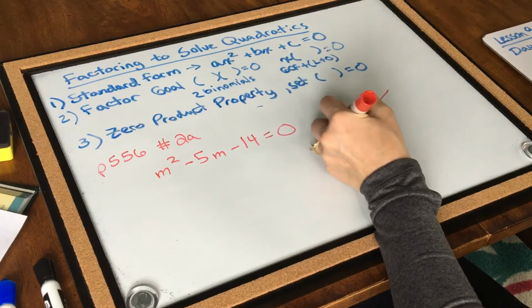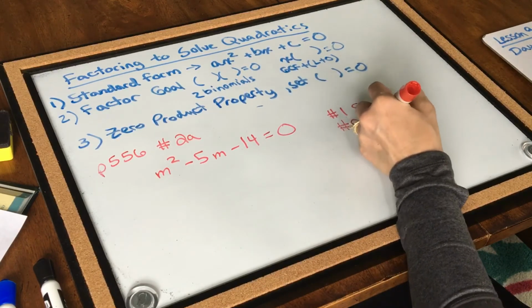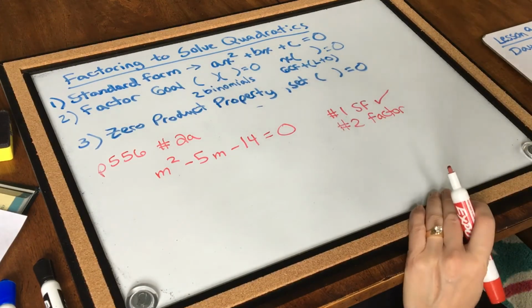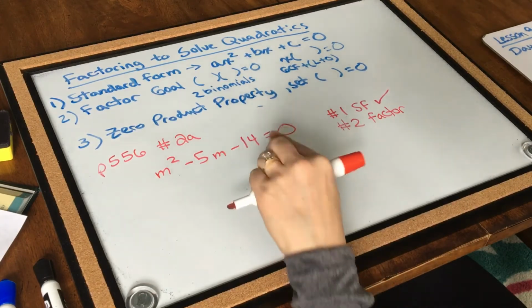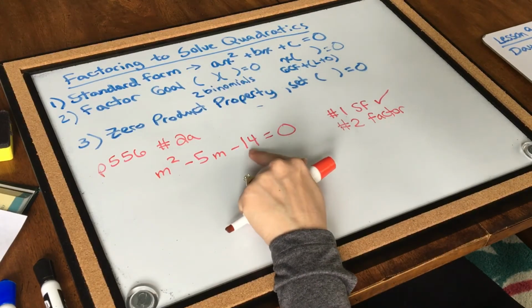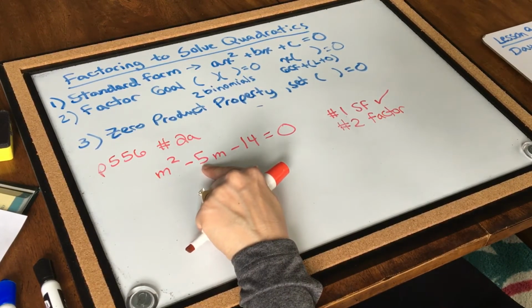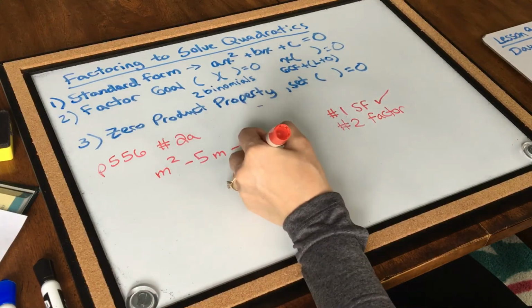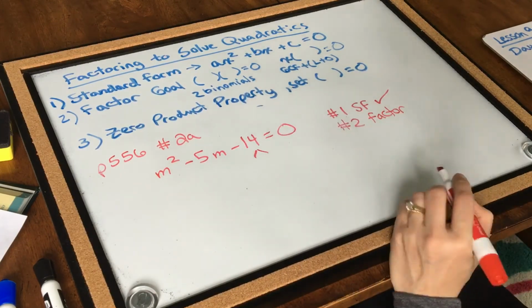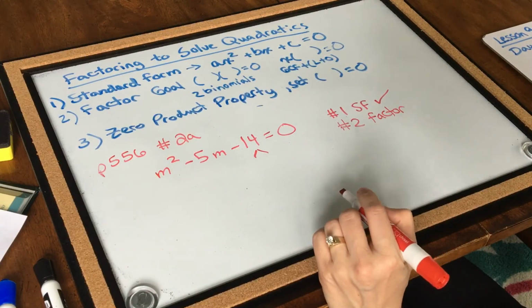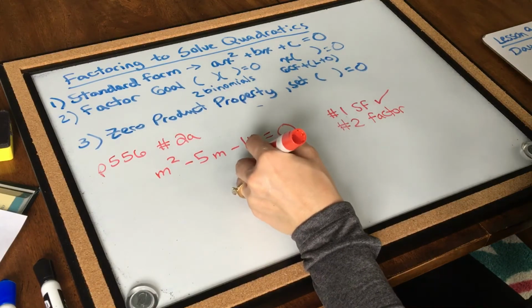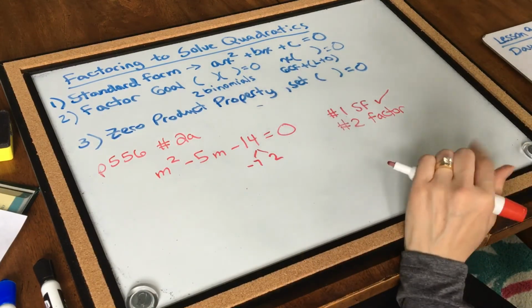Okay, next up, step number 2, I need to factor this. So I'm going to take a look at negative 14, and I need factors that would give me a product of negative 14, and the middle terms would add up to negative 5. As I look at negative 14, I think my clear winners are going to be negative 7 and positive 2.